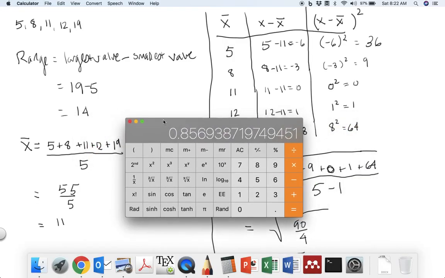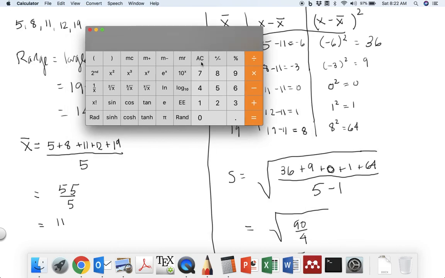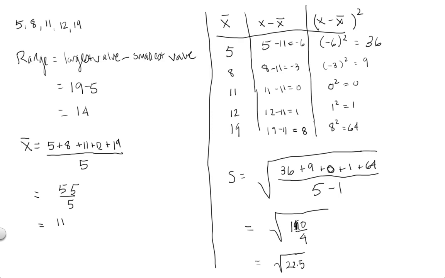So let me pull this over here. Clear. 36 plus 9 plus 0 plus 1 plus 64. Holy crap, Roger. Good thing I checked. So the moral of the story is don't trust my arithmetic.